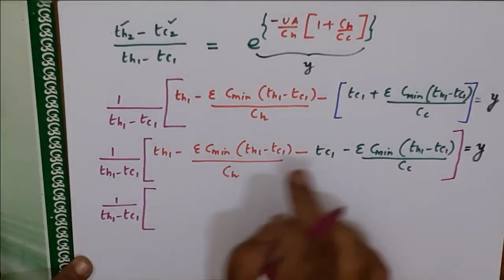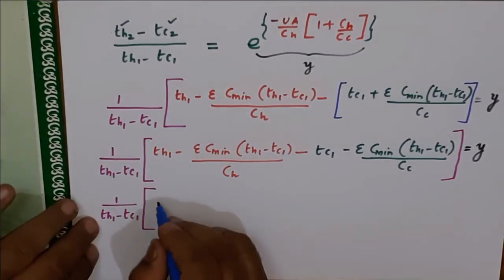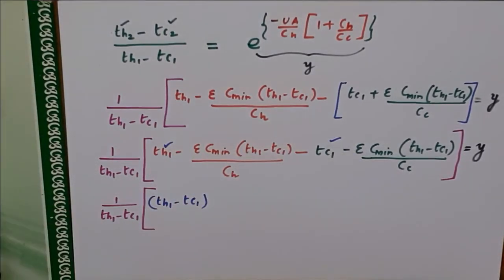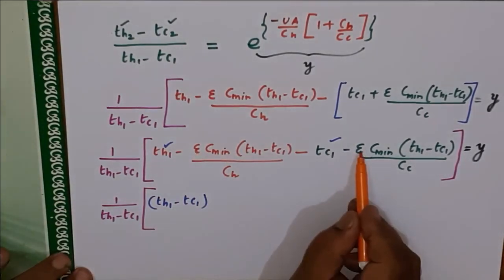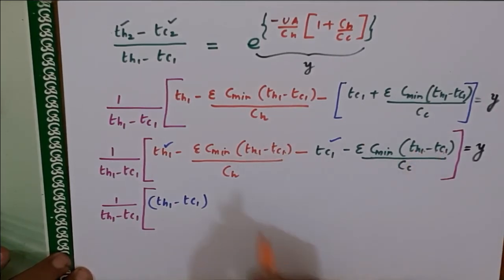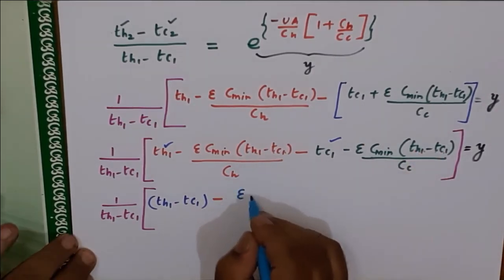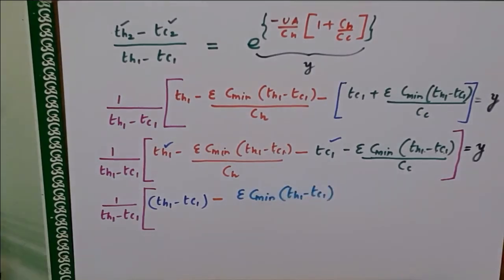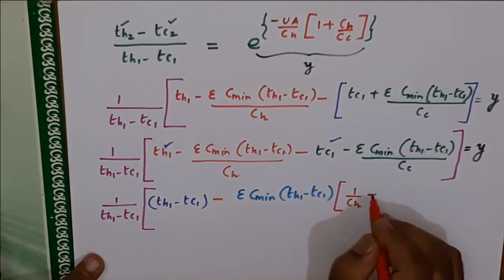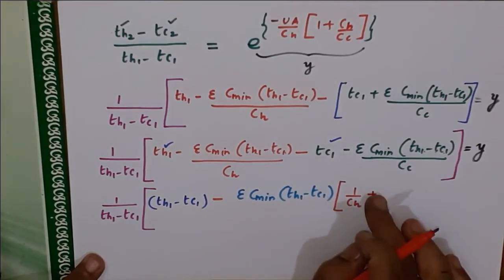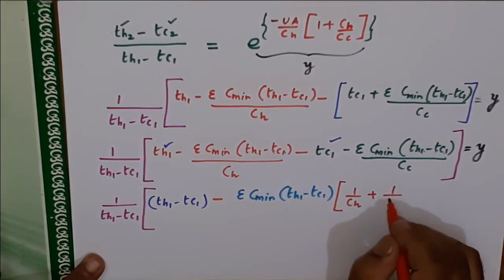See, TH1 and TC1 you can combine. So I'll take TH1 minus TC1 to combine these two. Next you see these terms: effectiveness, C minimum, TH1 minus TC1, TH1 minus TC1. You can take it as common. So minus effectiveness, C minimum, TH1 minus TC1, I have taken common, into 1 by CH plus, when you take it inside, you have minuses, it will become minus plus 1 by CC.